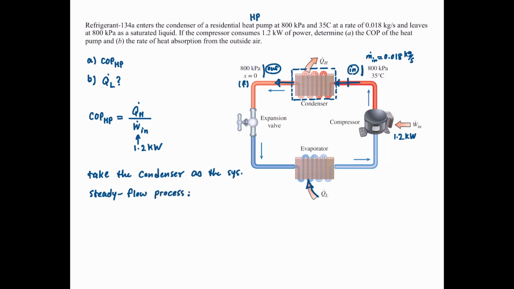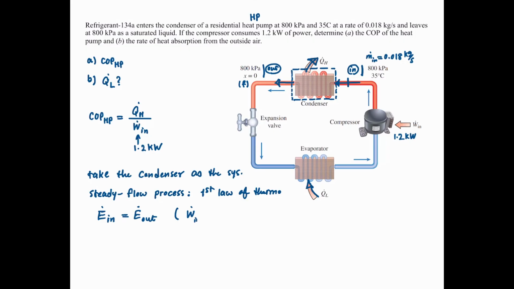So if I write down the first law of thermodynamics for condenser, it's going to be E dot in is equal to E dot out. I know that in the condenser there is no heat input, we only have Q dot H, which is the output from condenser.